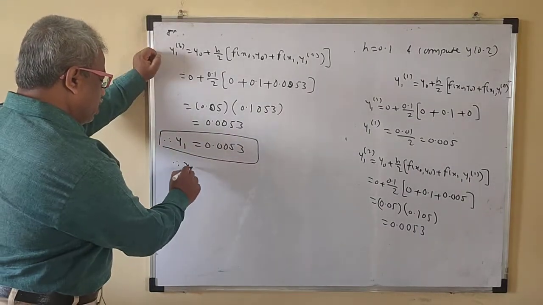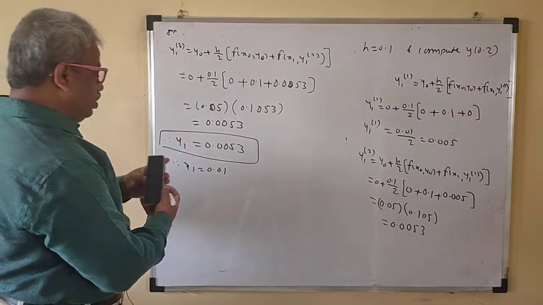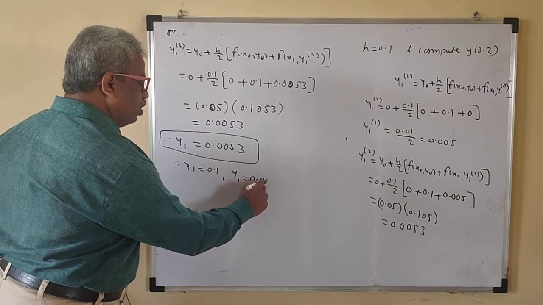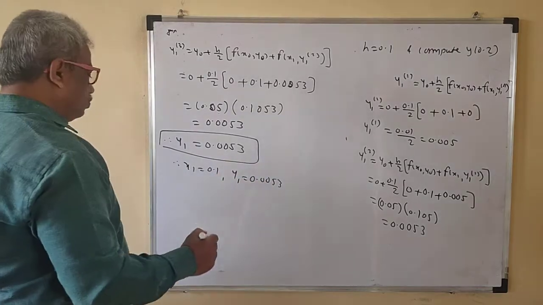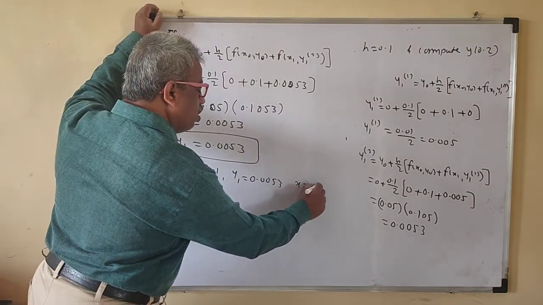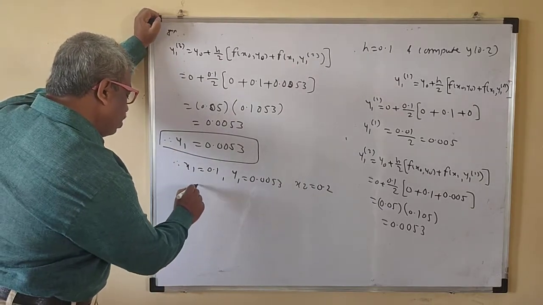Okay. So x1 is equal to 0.1, just 0.1. So y1 is equal to 0.0053. Now x2 is equal to 0.2. So we will find y2 of 0 first.